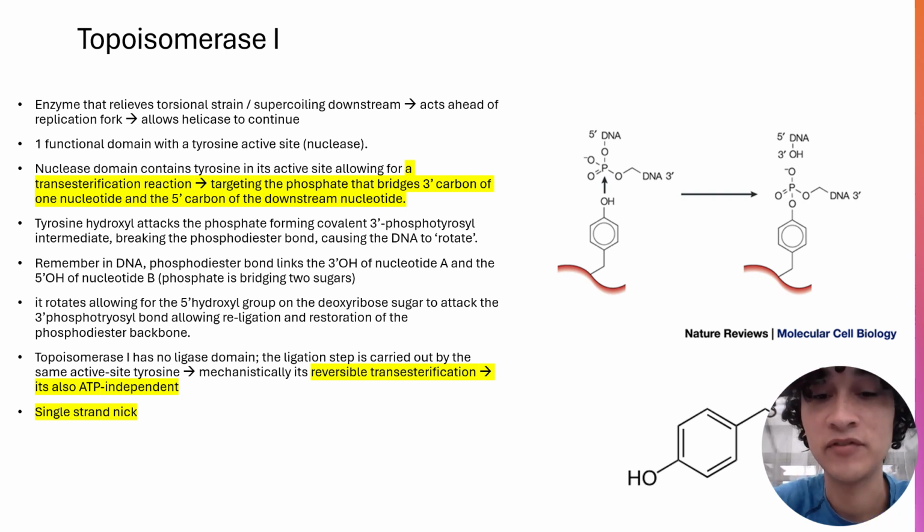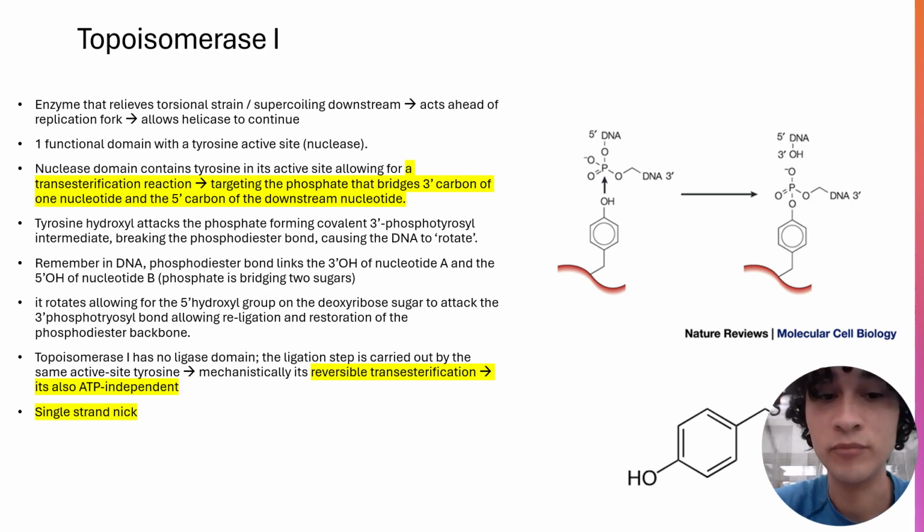So that active site, that hydroxyl group, is going to act as a nucleophile, and it's going to steal that phosphate group from the backbone, forming a phosphotyrosyl intermediate, and that's referred to as transesterification. Then the hydroxyl group on the 5th carbon of the nucleotide downstream, so nucleotide B, will want that bond back.